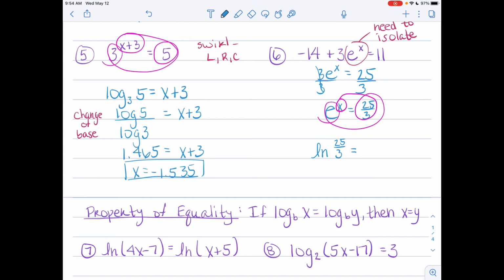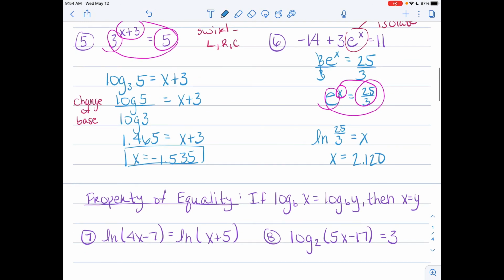So natural log of 25 over 3 is equal to x. x is equal to 2.120 when you put in natural log of 25 over 3. Remember that in this case, your parentheses will go around the 25 divided by 3. This whole thing is one term. So double check in your calculator, make sure you can get the same answer I did.